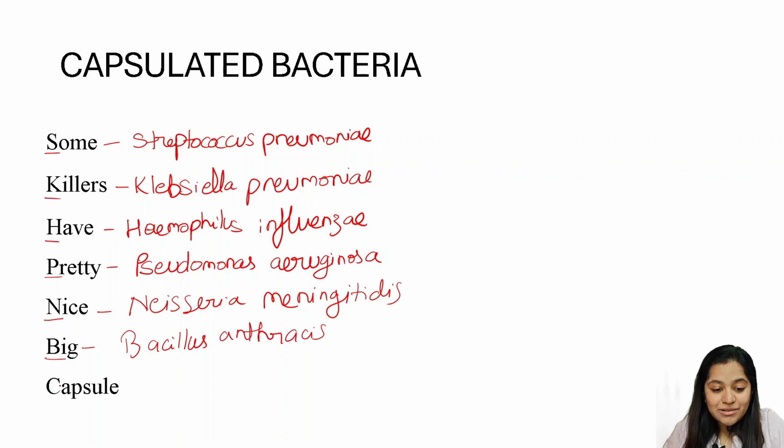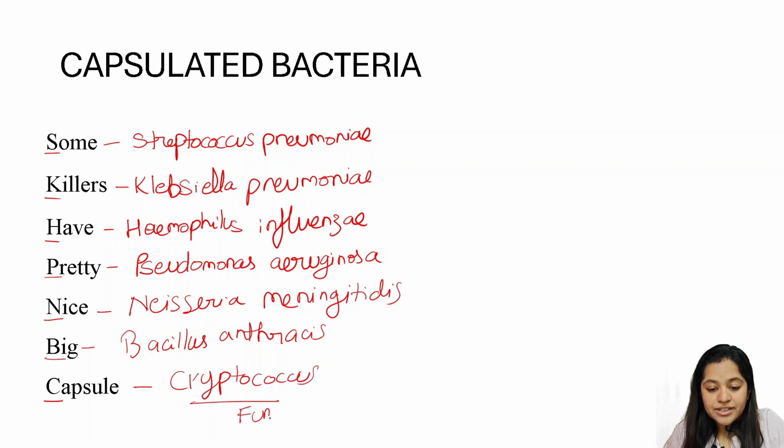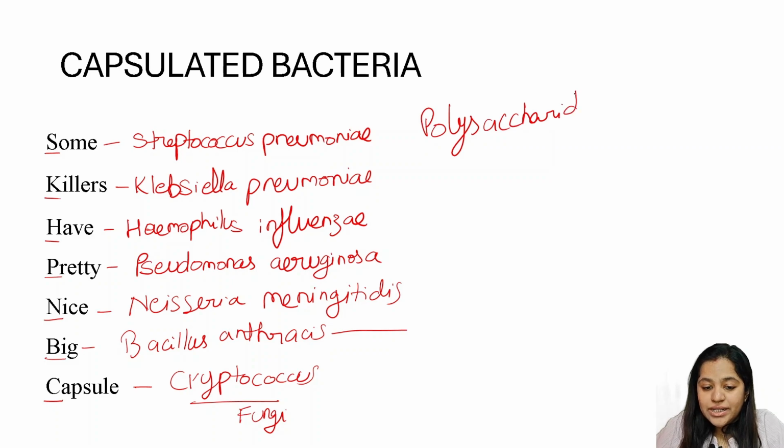And C, now C is not a bacteria. C stands for a fungus known as Cryptococcus. Remember, Cryptococcus is a fungus. Rest all are bacteria. One more point here. Except Bacillus anthracis, the capsules of all these organisms are polysaccharide in nature. Only Bacillus anthracis is polypeptide in nature.